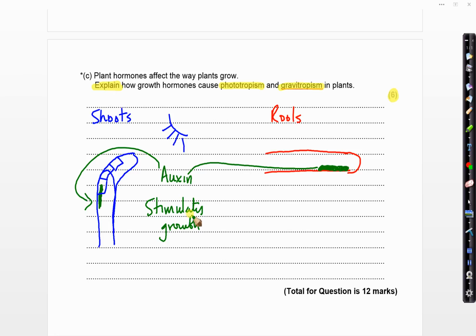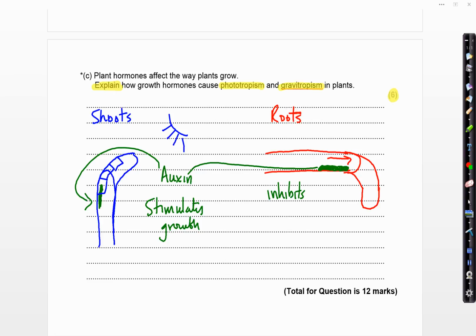Rather than stimulating growth, it actually inhibits growth. So here we've got inhibits growth. At least it inhibits growth on this side. On the top side we've got stimulation, or rather we've got growth, not stimulation, but just ordinary growth. So this continues to grow, and with the growth on that side, the root will bend down into the earth.